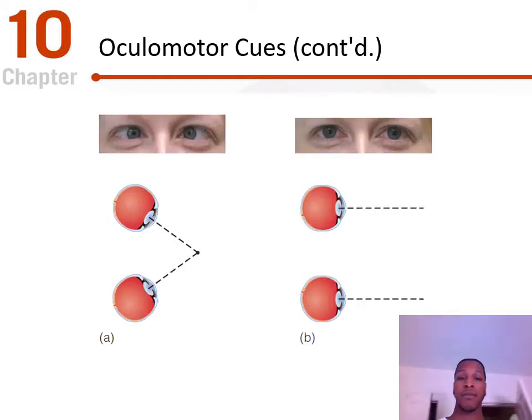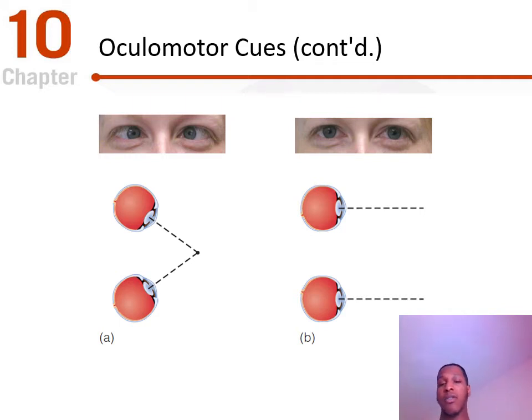It's really cool. As you can see in this photo, these are examples of convergence and accommodation. The picture on the left is convergence, where you're looking at something very close to you. When you look at something very close, both your eyes move inward, so it looks as if you're cross-eyed.